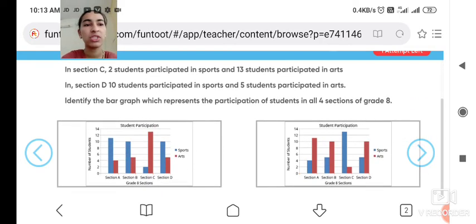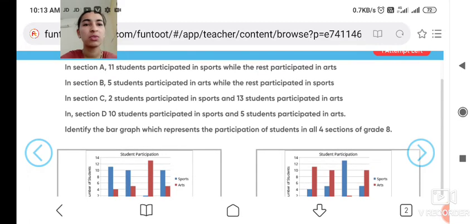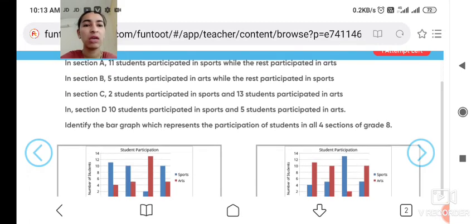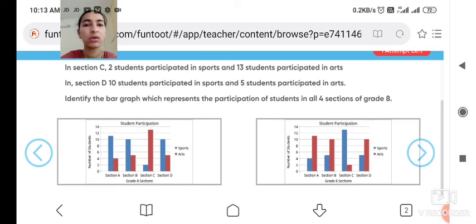In the bar graph which shows 11:4, sports are 11, so I think the first one is correct. Yes, the first answer is correct, because it indicates 11 students who participate in sports and 4 students who participate in arts. Okay students, understand? Like this you have to solve all the questions.